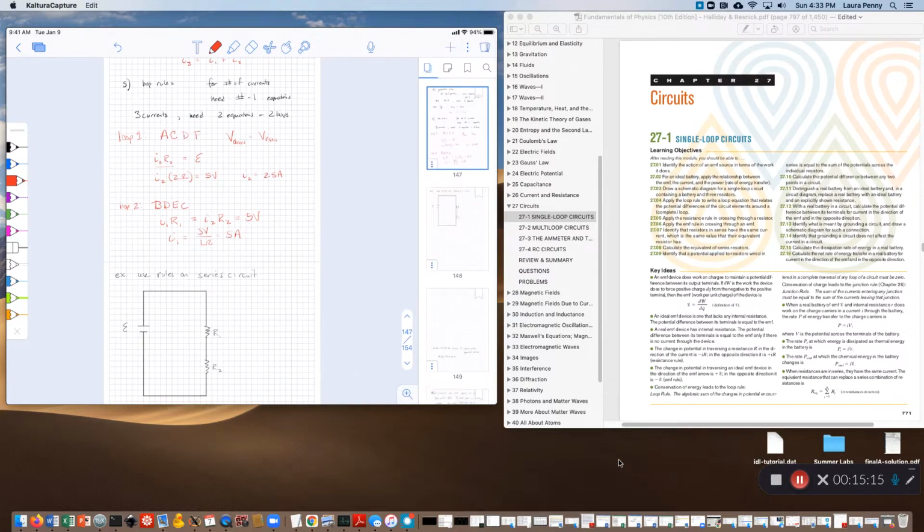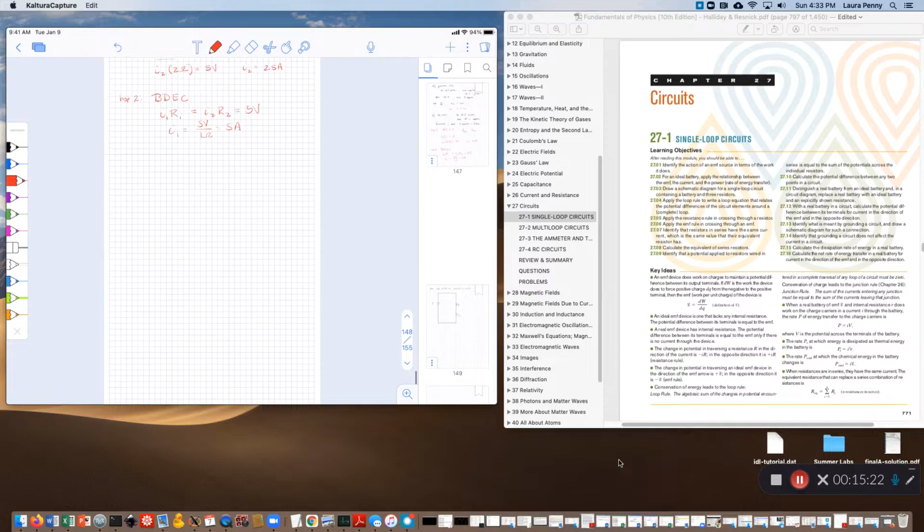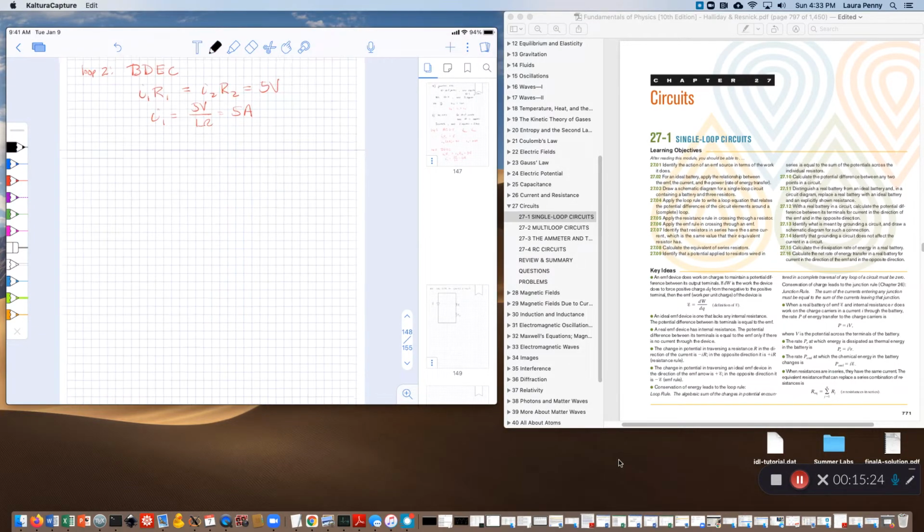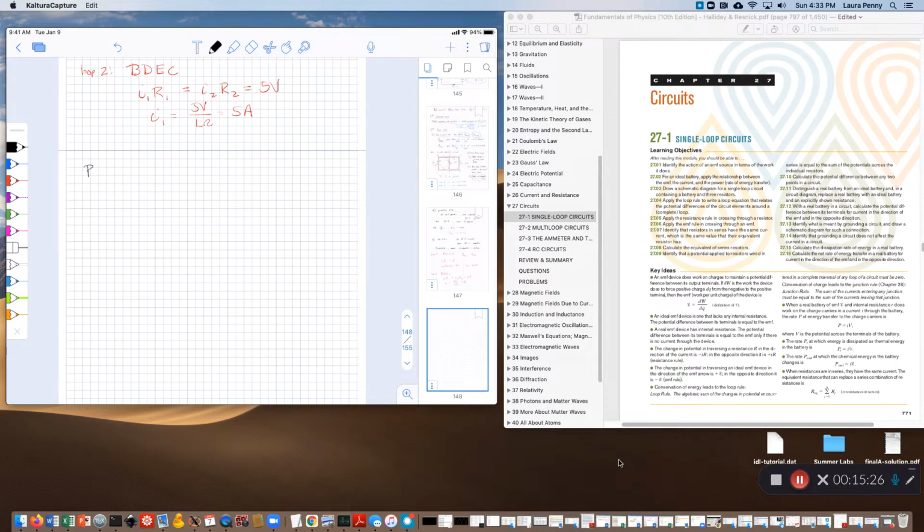Before I move on from this, we actually can come up with a set of rules for parallel equations using junction and loop rules. So if you have parallel resistors in a circuit, what you can say is that the voltage for all of them will be the same.